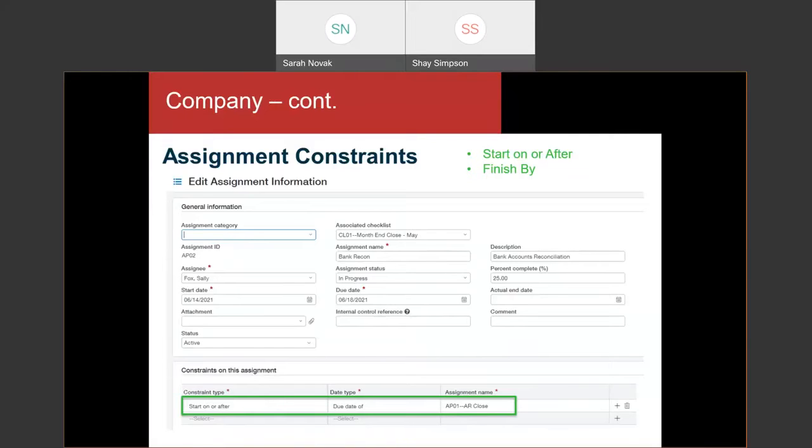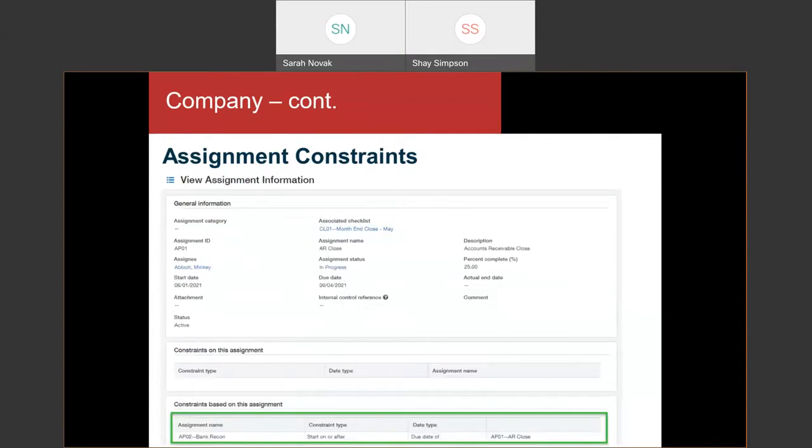So if we say that we want the bank reconciliation to be finished based upon the due date, or we can set another date type for AP close. So we have a lot of flexibility in terms of assignment constraints. Now, if we look at that assignment for AP1, what is it telling us?